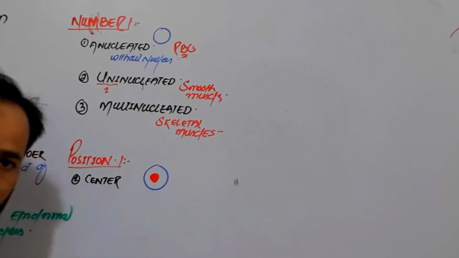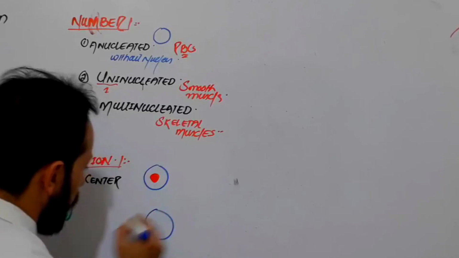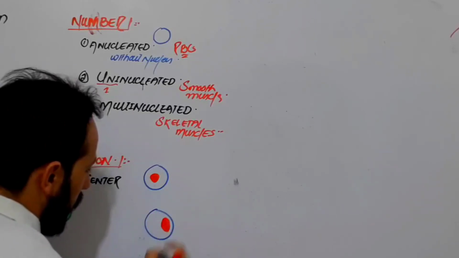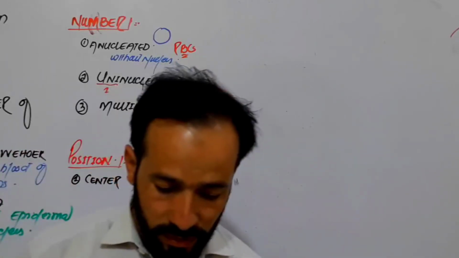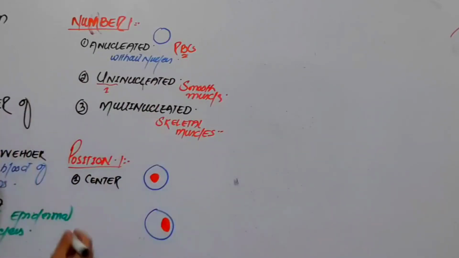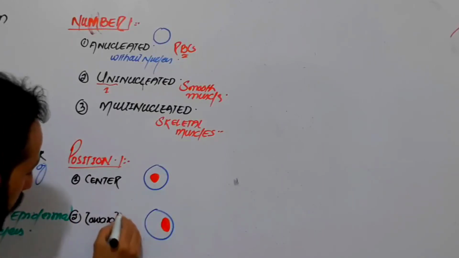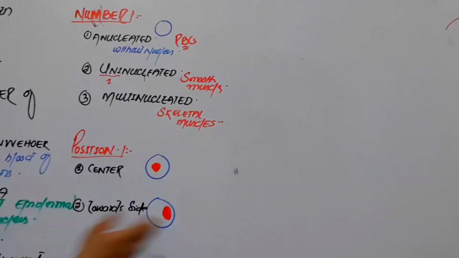And there are certain cells which possess their nucleus a little bit towards the margin, a little bit away from the center.